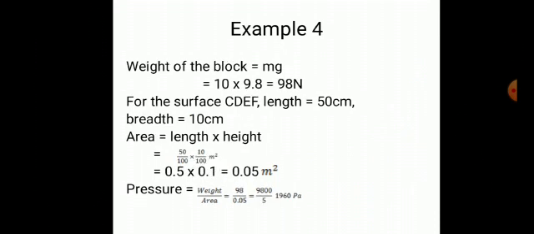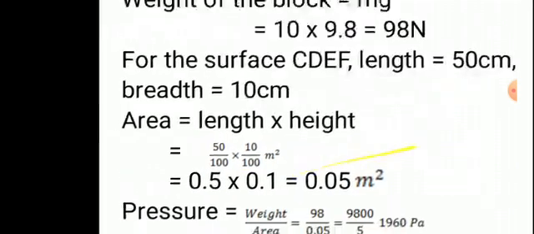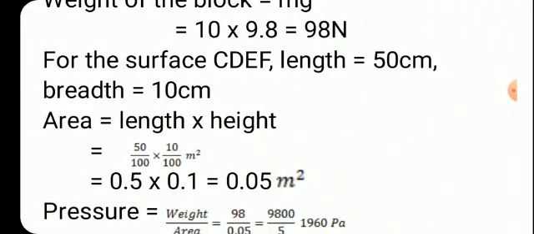Let us see how much pressure is exerted by surface CDEF. Length is 50 centimeter, breadth is 10 centimeter. Area is equal to length into breadth. 50 divided by 100 multiplied by 10 divided by 100 meter square. We have divided the numbers by 100 in order to convert them from centimeter to meter. 0.5 multiplied by 0.1 is 0.05 meter square.